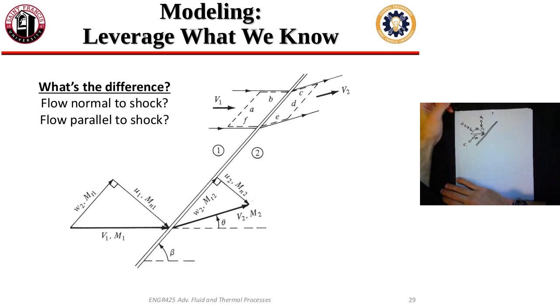And because we can compute the speed of sound for state 1, this upstream state, we can compute Mach numbers. So W1 over A1 is the Mach number tangent to the shock, and U1 over A1 is the Mach number normal to the shock.